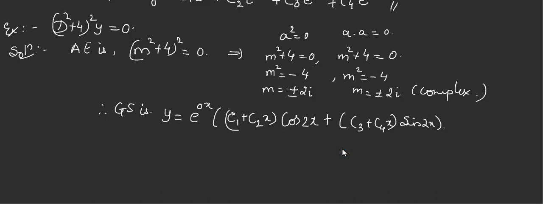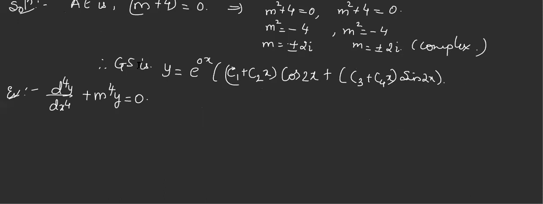I'll take another example. Write it down. d raised to 4 y upon dx raised to 4 plus m raised to 4 y equal to 0. So we usually write this equation in the form of D, right?